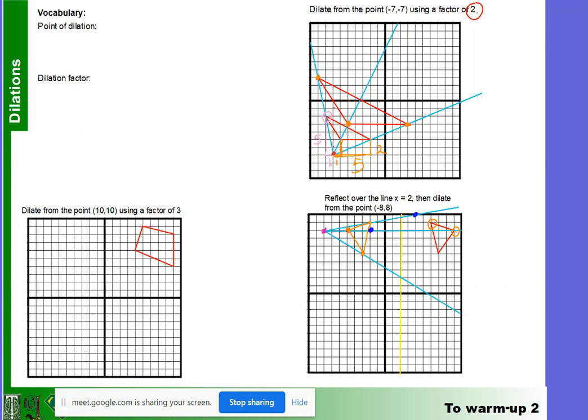And then for the last point, you would go over 5 and up 3, which would be 10 over and 6 up. Down. So, oh yeah, down.